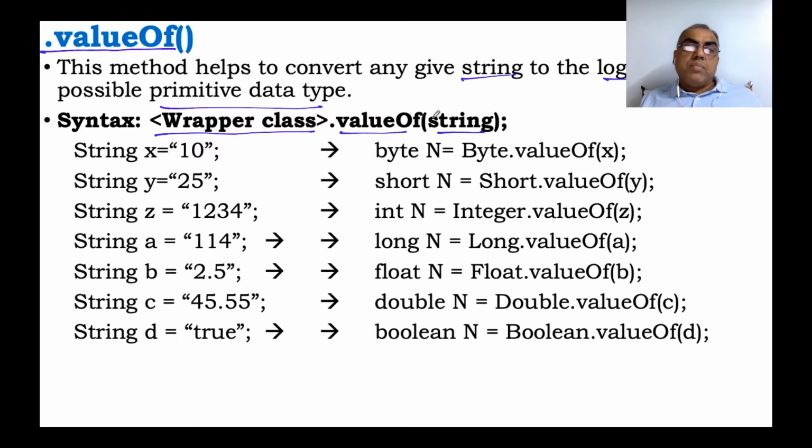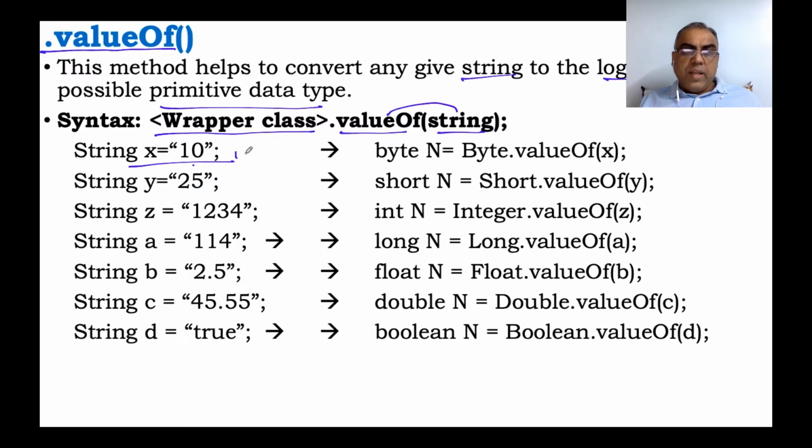There is always a compulsory string over here. This string will be returned with its value in its numeric form to its data type. So suppose a string has been accepted when the user entered a value, or it is stored as a string, and I want to convert it into its equivalent primitive type, I can make use of valueOf.